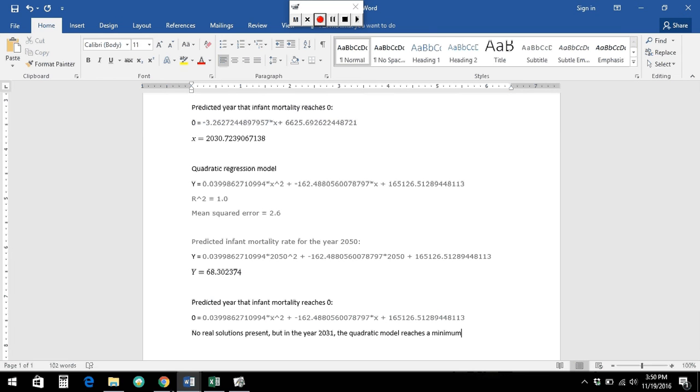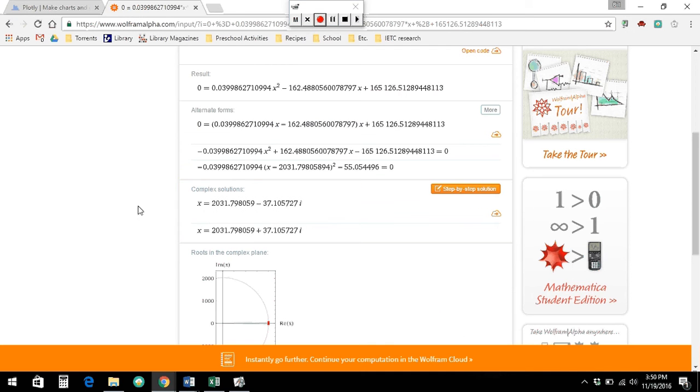You might end up with a quadratic model where you really do get some real solutions, where there are no complex solutions. And that's fine. If you get 2 real solutions, one of them is probably going to be something in the future, which is the one that we want, and you'll probably have something else that goes back in time, and that's the one we don't want.